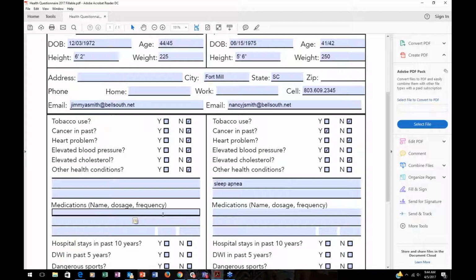But for today's purposes, let me pull a medication out of my books that might not be good.